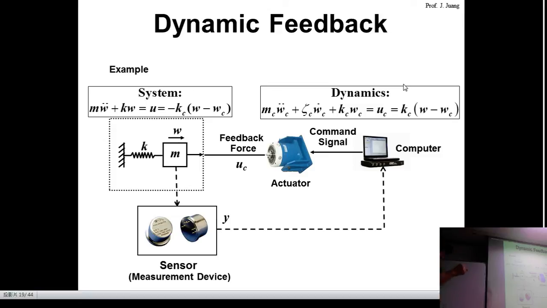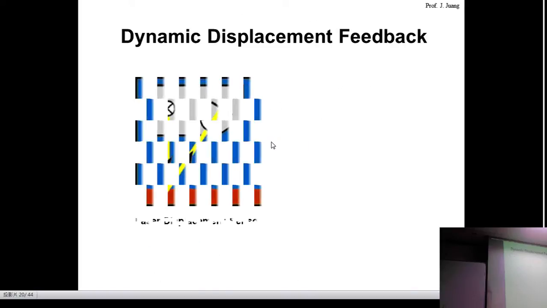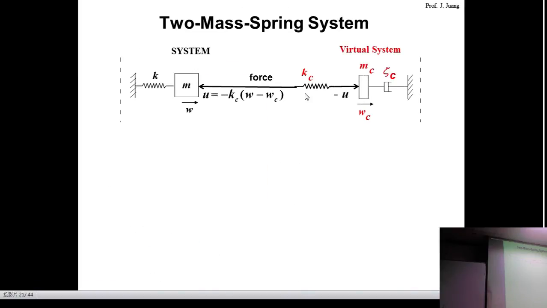It's not real, but it acts equivalently to the passive system. Does that make sense? They will give you exactly the same force. If I do it this way, this force will be exactly the same force as this force, as this force.